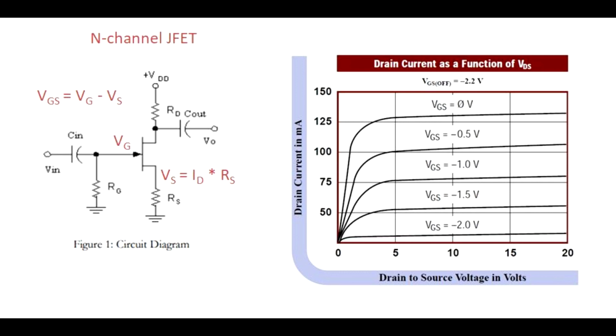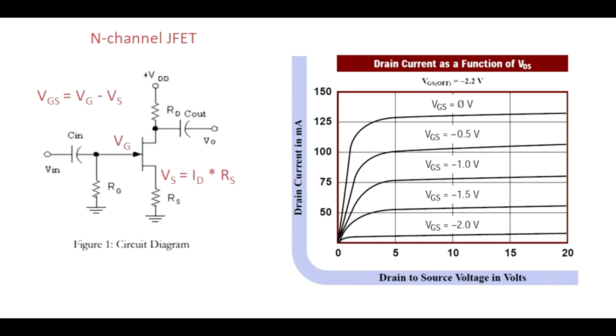So the JFET that we're using in this Rode microphone has a cutoff voltage of about 2.2 volts. So at 0 volts, gate to source, it's fully on. At minus 2.2 volts, it's fully off. And here's the graph of how that's depicted on the data sheet.